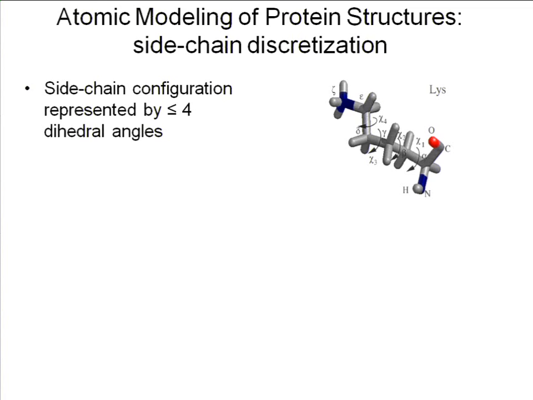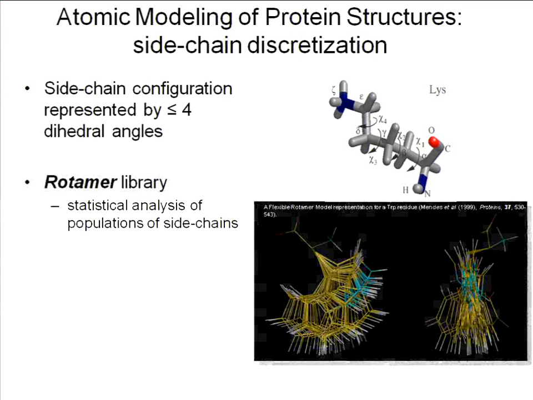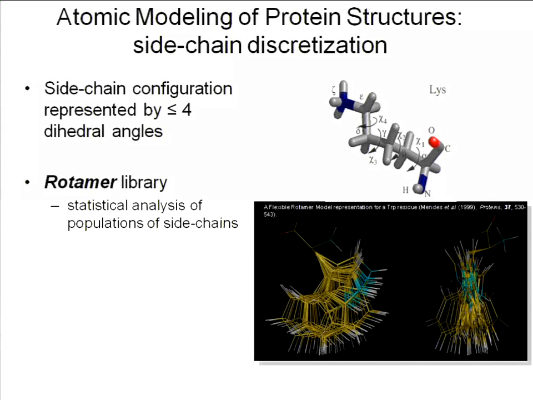Each amino acid side chain can have up to 4 dihedral angles. Naturally, they could assume continuous degrees of freedom, but here we're going to model them using discretized versions, using what's known as a rotamer library, which is basically a statistical analysis of side chains culled from the PDB, the protein data bank.